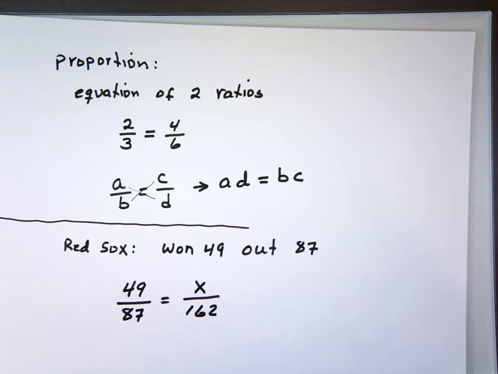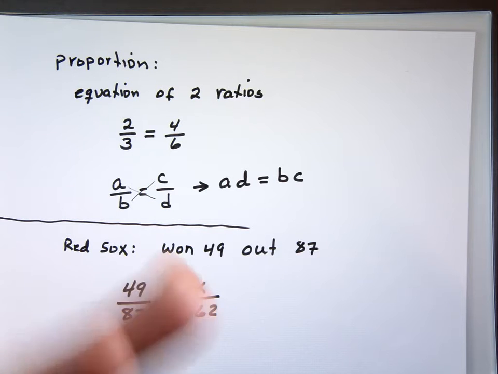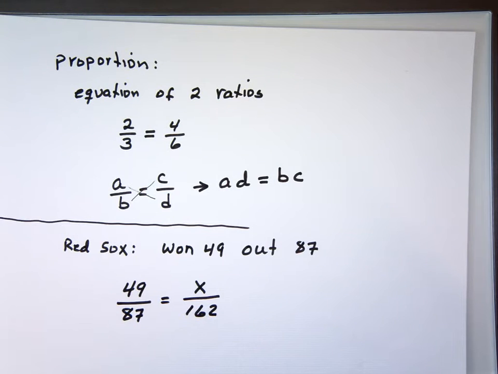Now, granted, something could happen tomorrow and they go 19-0. That changes everything. Or they could stink and they lose like 15 games in a row. But if they maintain that pace, we can estimate how many games they will win by the end of the season. So that's solving a proportion.